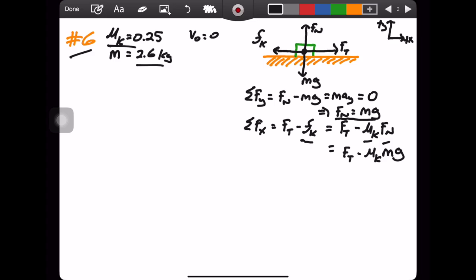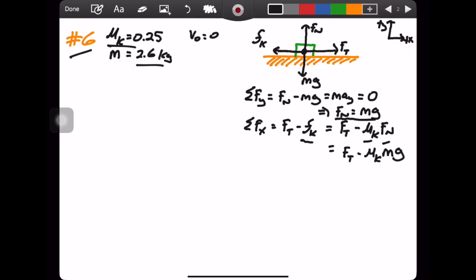However, in the horizontal direction, the force of tension from the rope attached to the block is not precisely balanced by the kinetic friction. There's a net force going to the right because this block is being pulled to the right. So that means that there's work being done by the net force to the right. So we're going to have to take into account what this net force is.